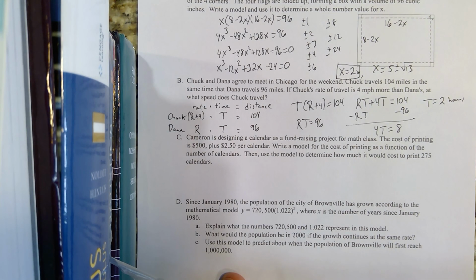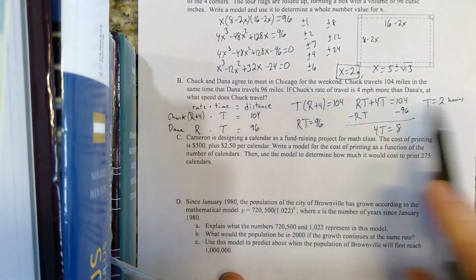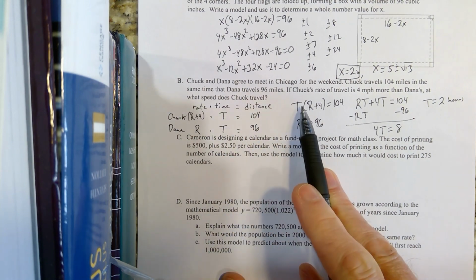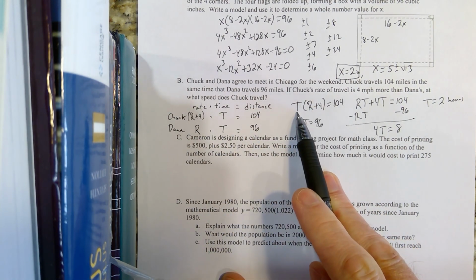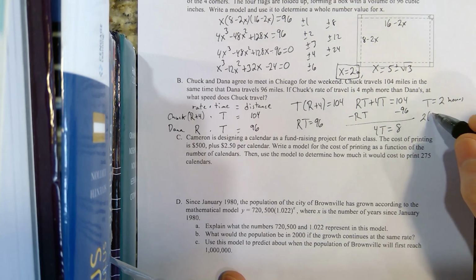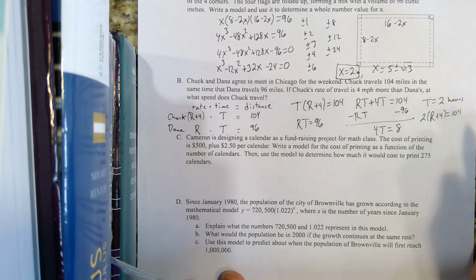Okay, that's not the question being asked though. At what speed does Chuck travel? Well, I now know Chuck's time is 2 hours. So I can take Chuck's equation here. I can put in 2 for T. So 2 times the quantity r plus 4 equals 104.